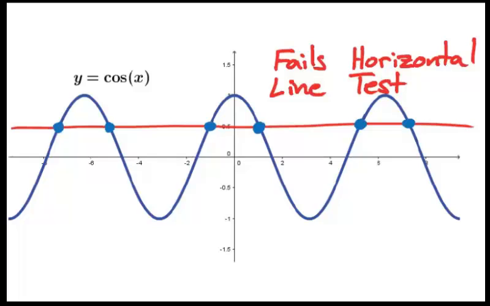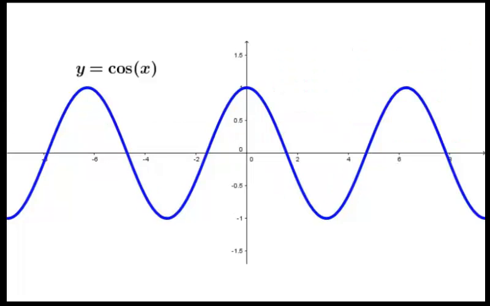Since the trig functions are periodic, trigonometric functions fail the horizontal line test, and therefore do not have inverses. For this reason, the inverse trigonometric functions are defined on a restricted domain. The inverse trigonometric functions are defined as the inverse of certain parts of the trig function. We will restrict the domain that we inverse to avoid failing the horizontal line test.